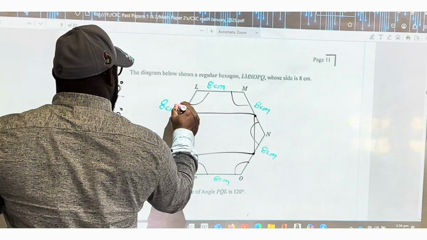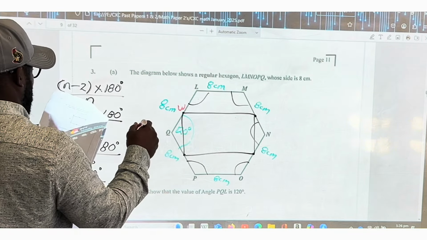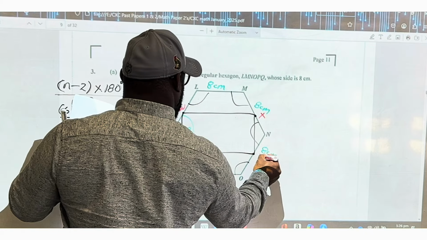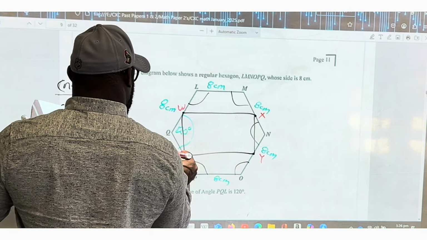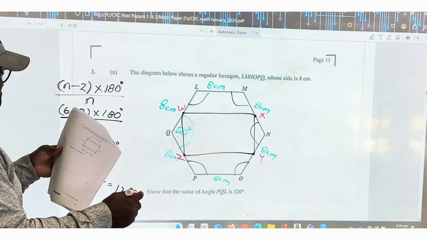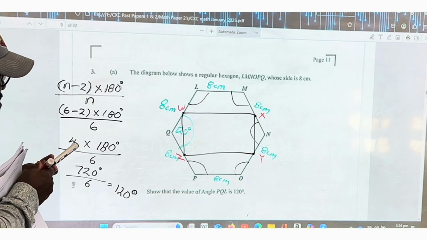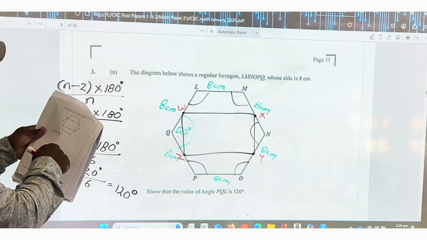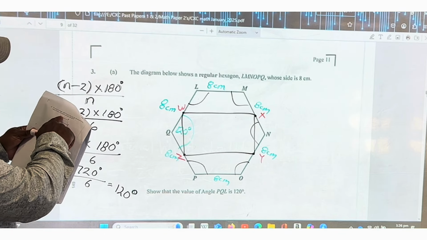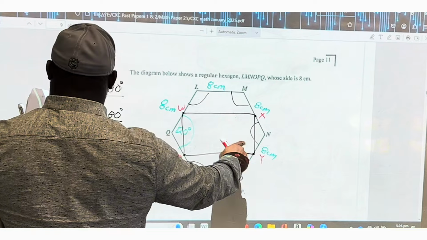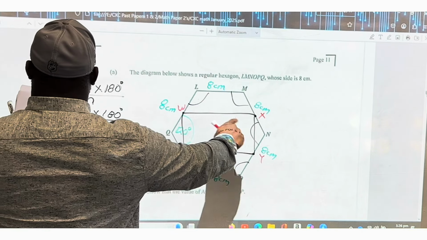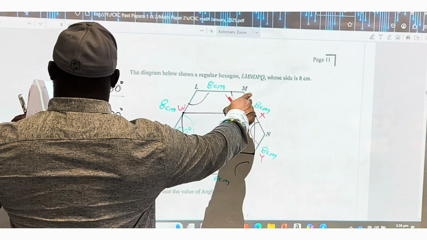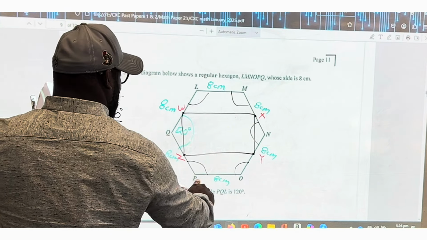So this is W, X, Y, Z. ZY and WX are parallel to LM and PO.